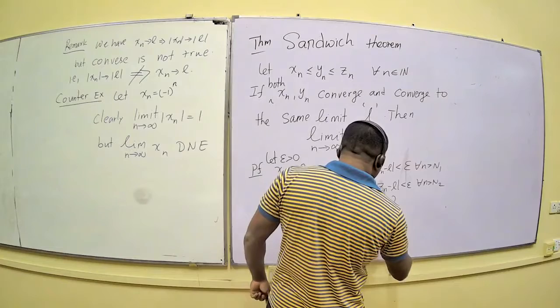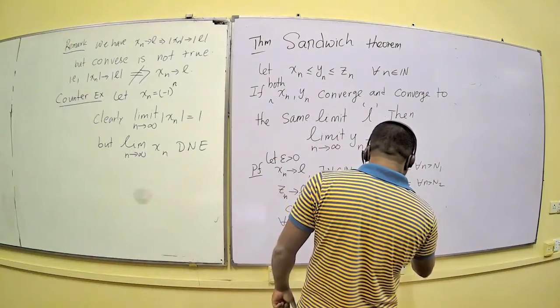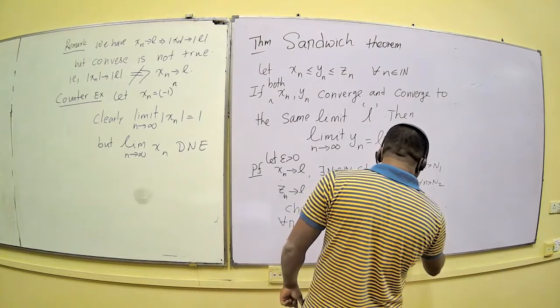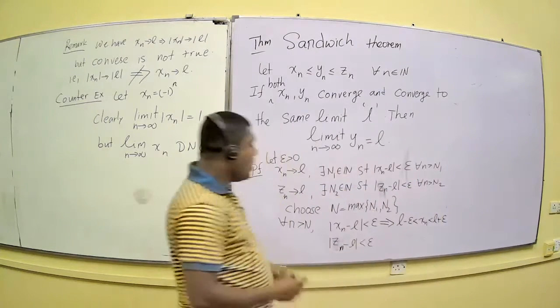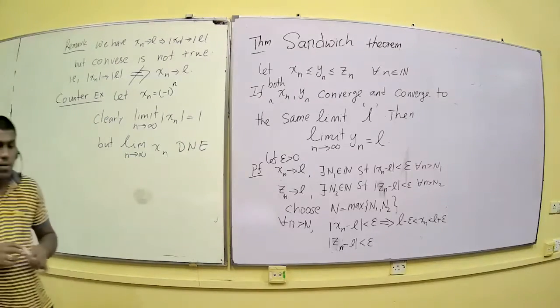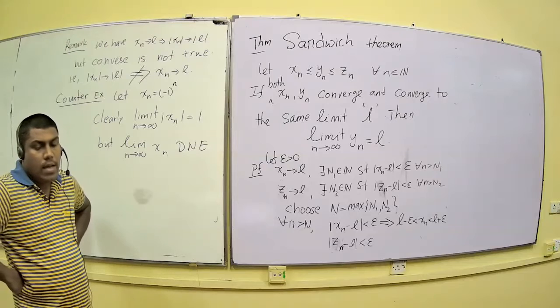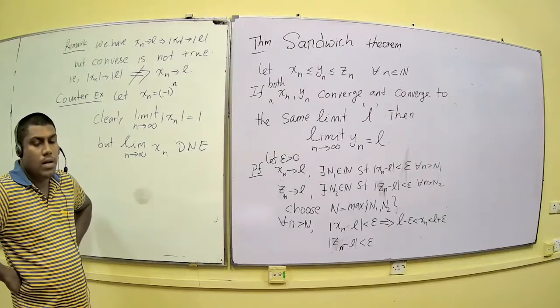So how do you get this? First, from this you can see: if you remove the absolute value, you get minus epsilon less than xn minus L less than plus epsilon.